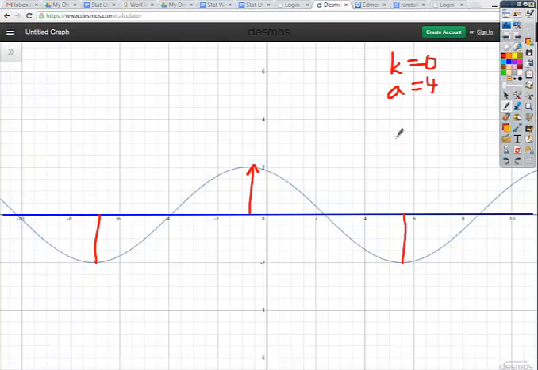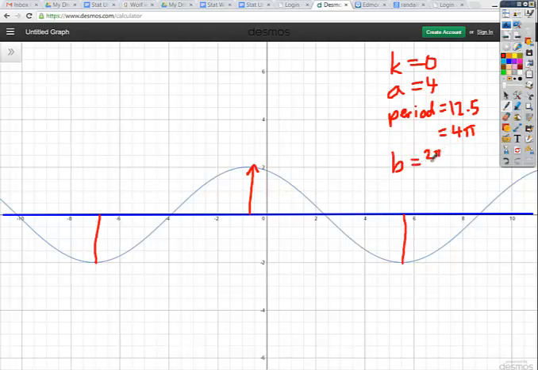So I could say that my period is 12.5, but you know what? I'm going to say that is 4 pi, because that's probably the precise value of what it is. That means my b is 2 pi divided by 4 pi, which gives me 0.5, or I'll just write 1/2.